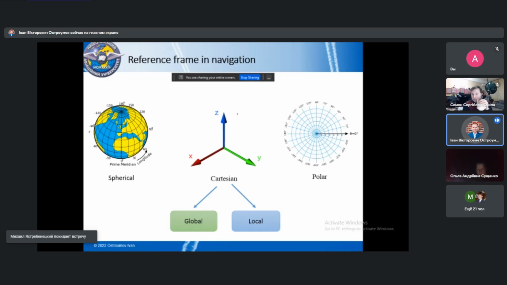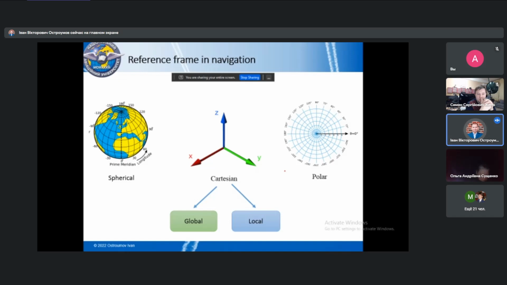It can be a Cartesian reference frame, which uses orthogonal axes x, y, and z, in which we can easily get relations between coordinates, distances, and angles. And polar reference frame, which usually can be represented by azimuthal angle and distance to the object, as for example in radar systems, where we get the azimuth of an object and we have a measured distance to this object.